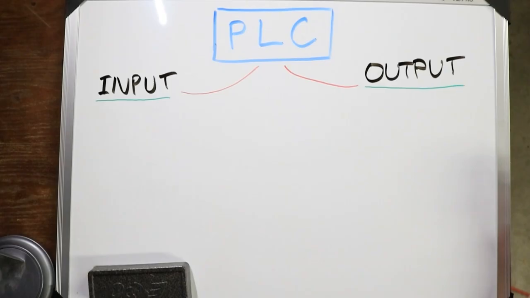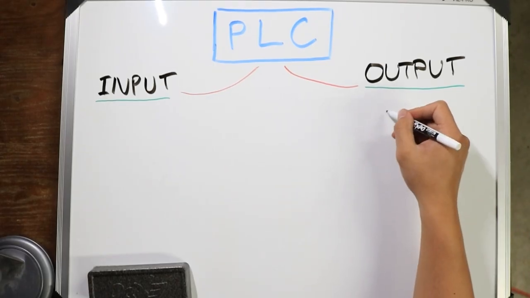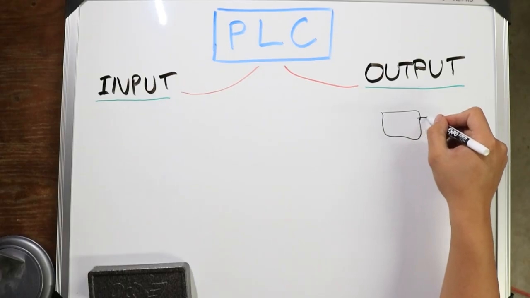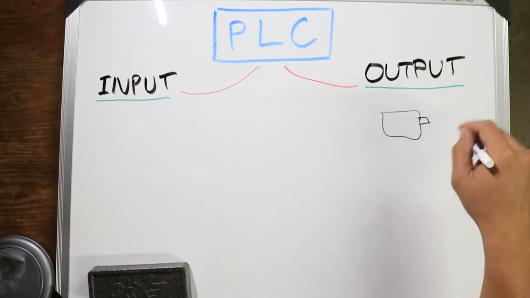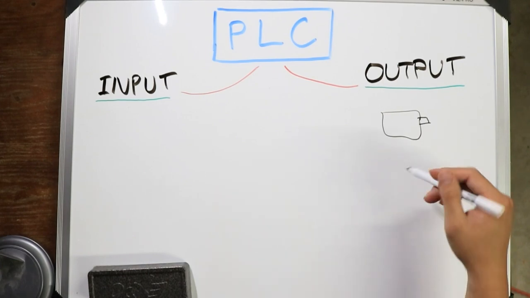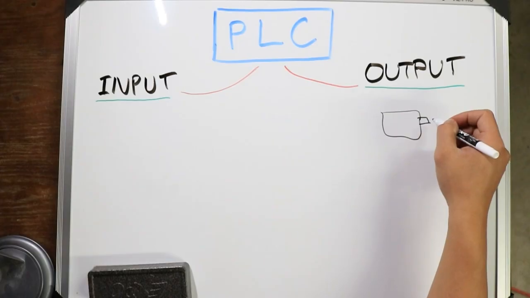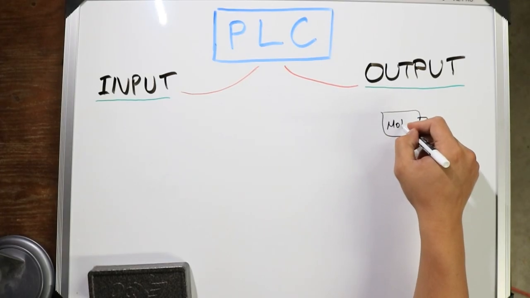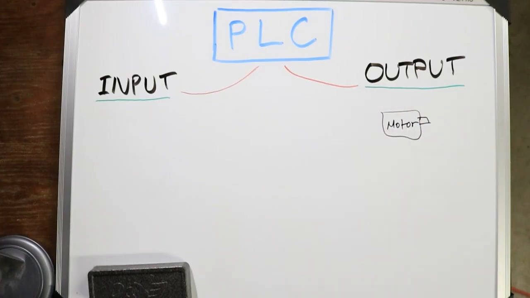Now I want to talk a little bit more about an output. What is an output in an industrial setting? We have a motor. Usually a motor. Everybody knows what a motor is. It's just something that turns. It circulates, just like in your car. You have a motor. It turns, and usually this will run a conveyor. Draw that right there. Okay.